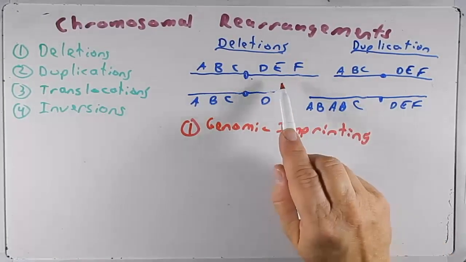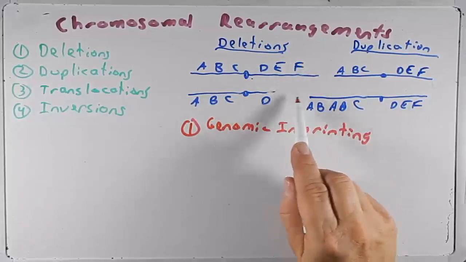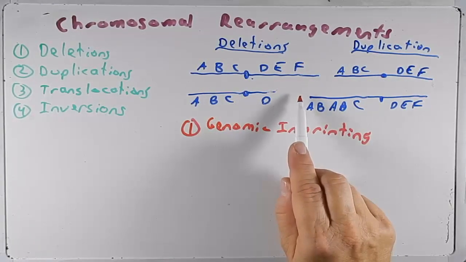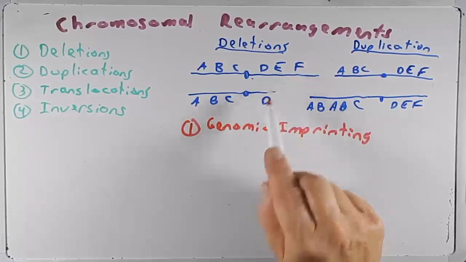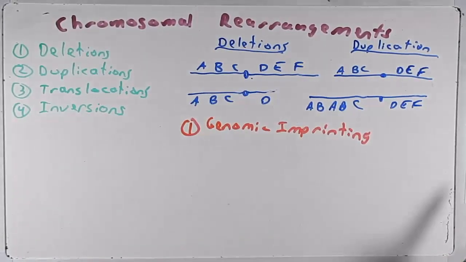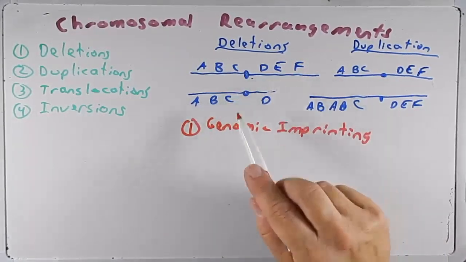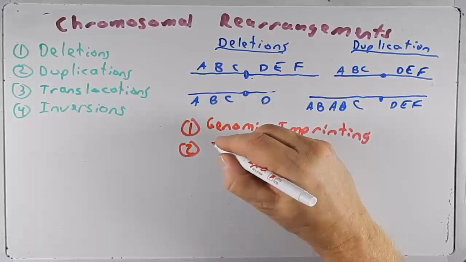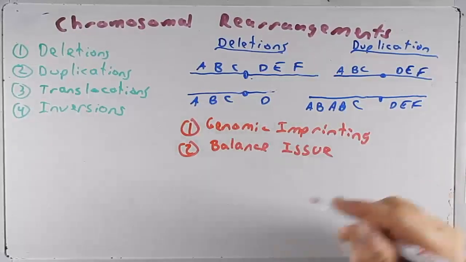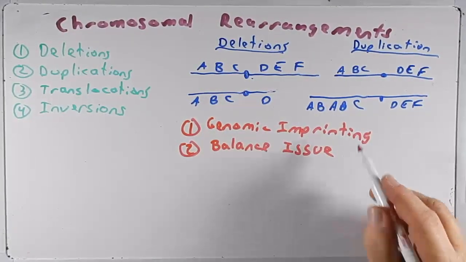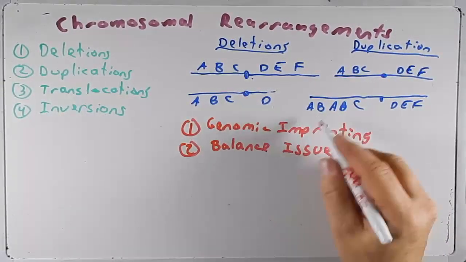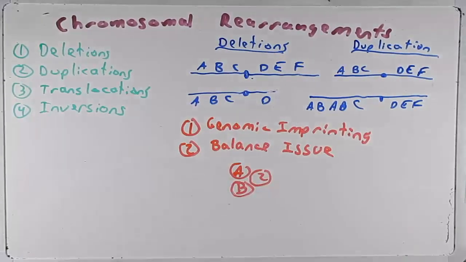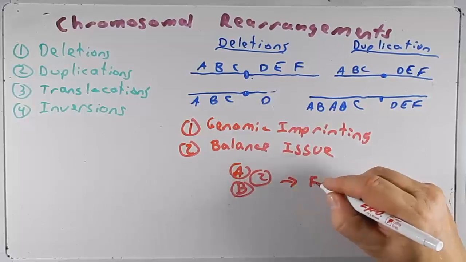But just remember that it's possible that the genes we deleted here were the only ones being expressed, and the ones that remained were genomically imprinted to be off because they came from mom specifically or came from dad specifically. We also have a numbers balance issue, just like we talked about with the trisomies. It's possible in this case here that A and B, when they're made, interact with another protein, we'll call it Z, and this does a job, some kind of function.